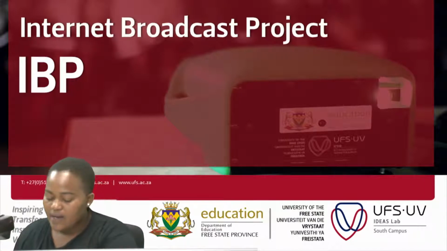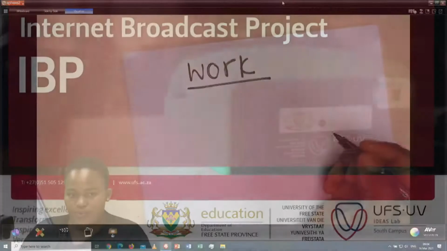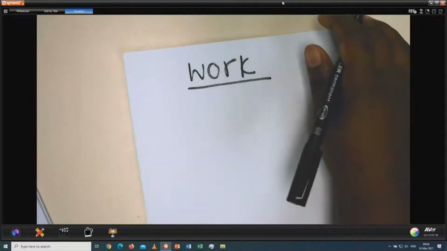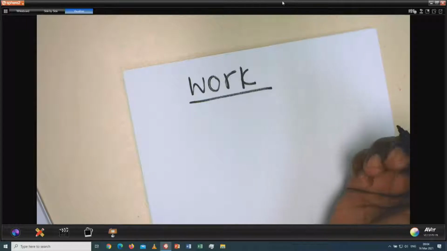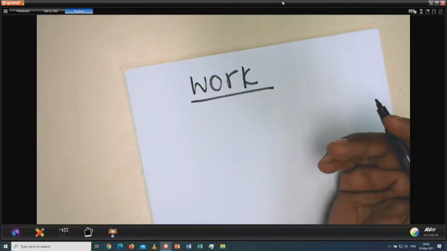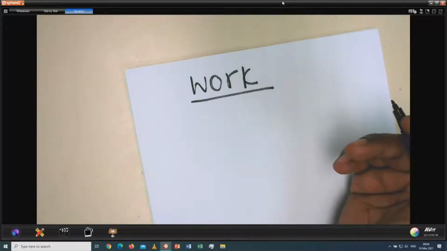In our everyday language, the word work refers to the doing of chores. So when you say you are doing work, it means you are doing chores. But in the science language, work refers to something else.